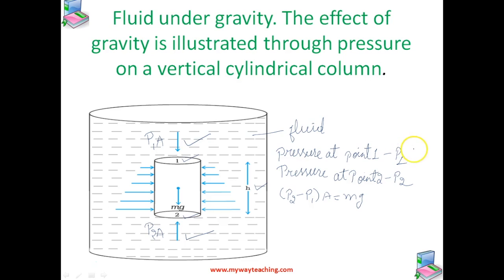Now if rho is the mass density of the fluid, the mass of the fluid is given by rho times V, isn't it?